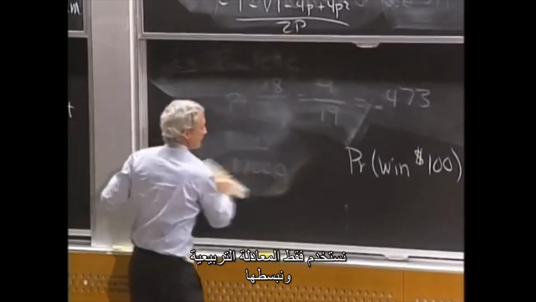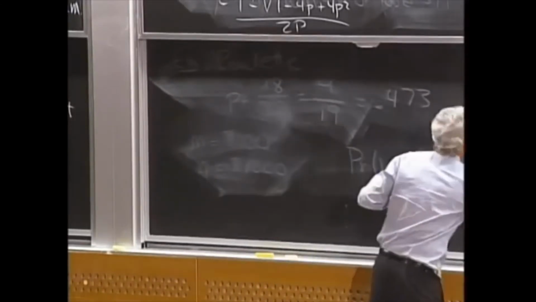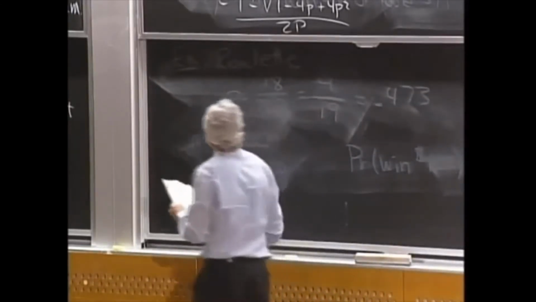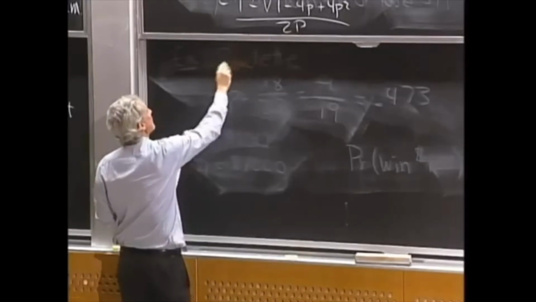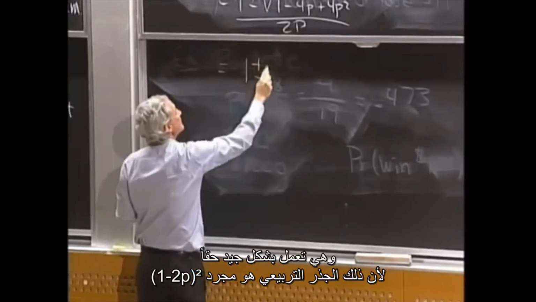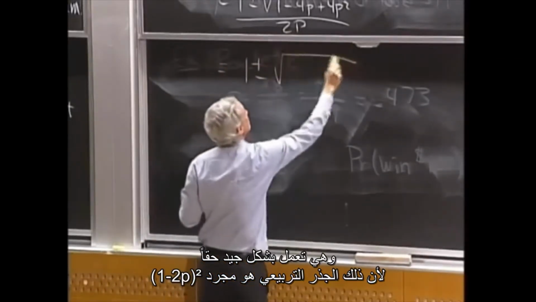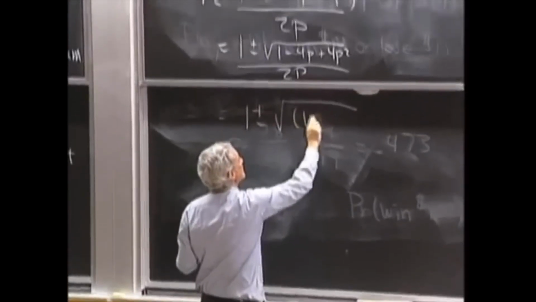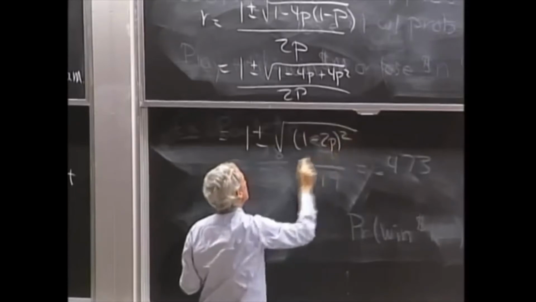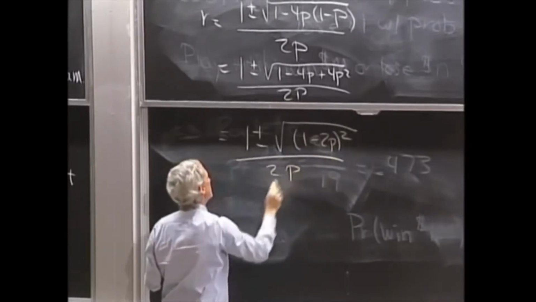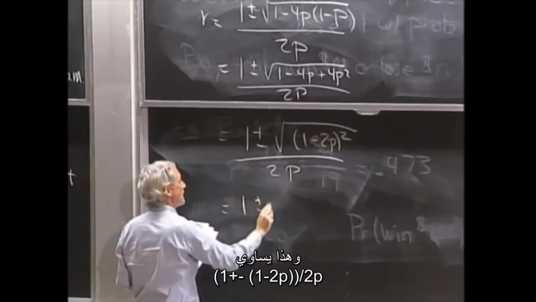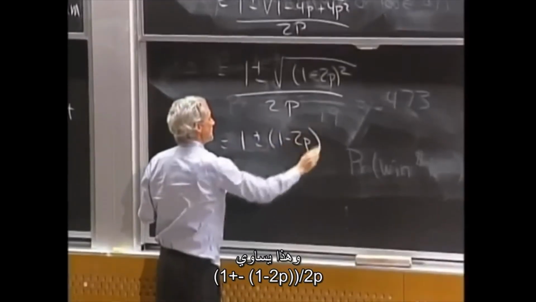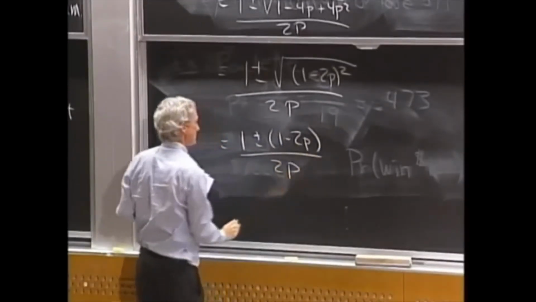Just using the quadratic formula and simplifying. And it works out really nicely because that is a perfect square. This is just (1 minus 2p) squared. So that's 1 plus or minus (1 minus 2p), over 2p.